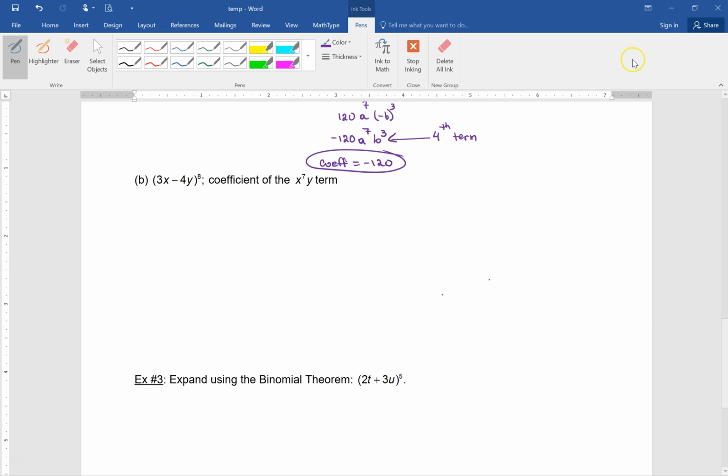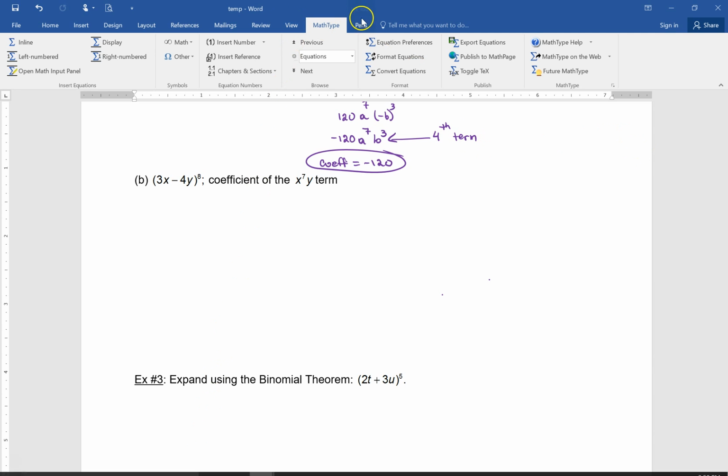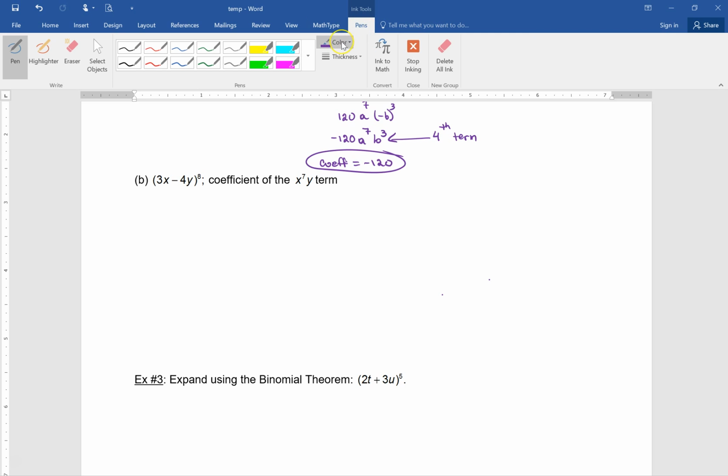Now, look at this one. We need the coefficient of this term. Okay? So remember, it was C(n, r), and then it's A^(n-r) B^r.